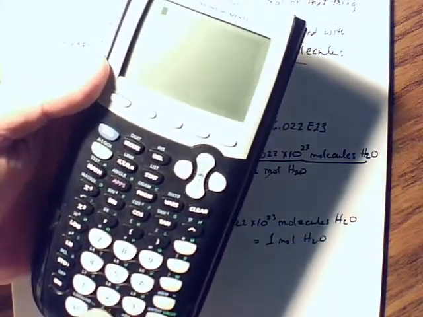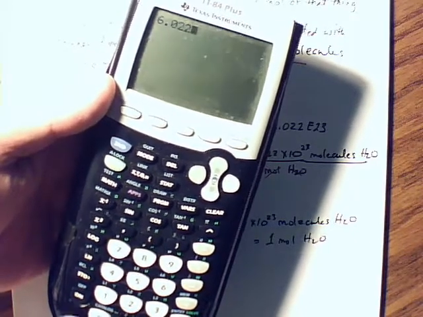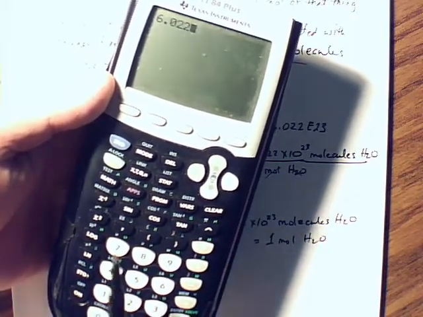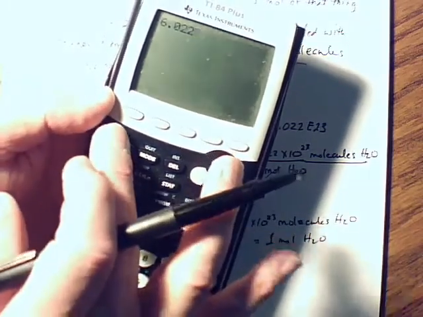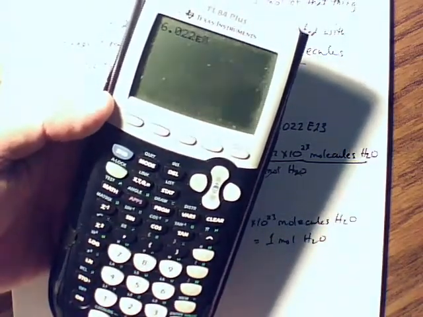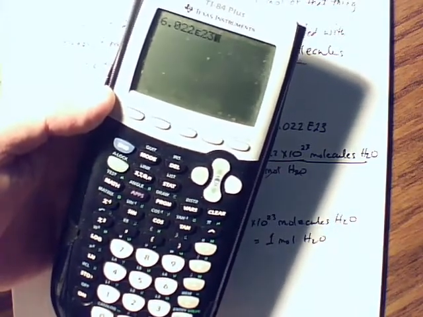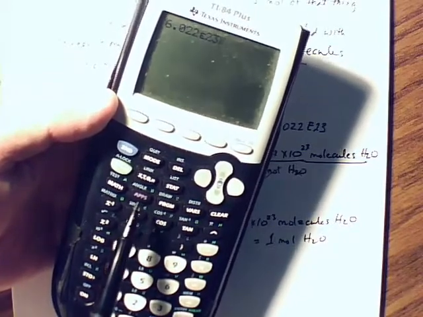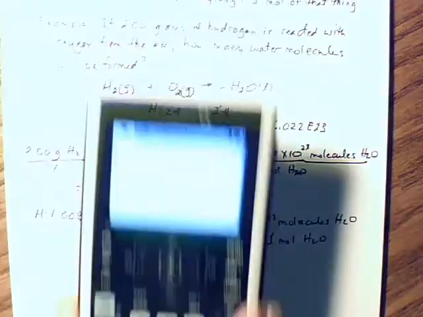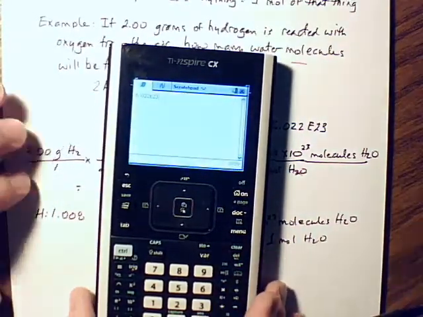So for this, I have to do 6.022, and then to get the double E, which is what my exponent button looks like, I have to hit second and then the double E to get that same thing in there. Okay? Does that make sense? So there's one more extra keystroke with most calculators. All right? But with the TI Inspire, it's a little bit faster. I like the way they did that when they set up this calculator.